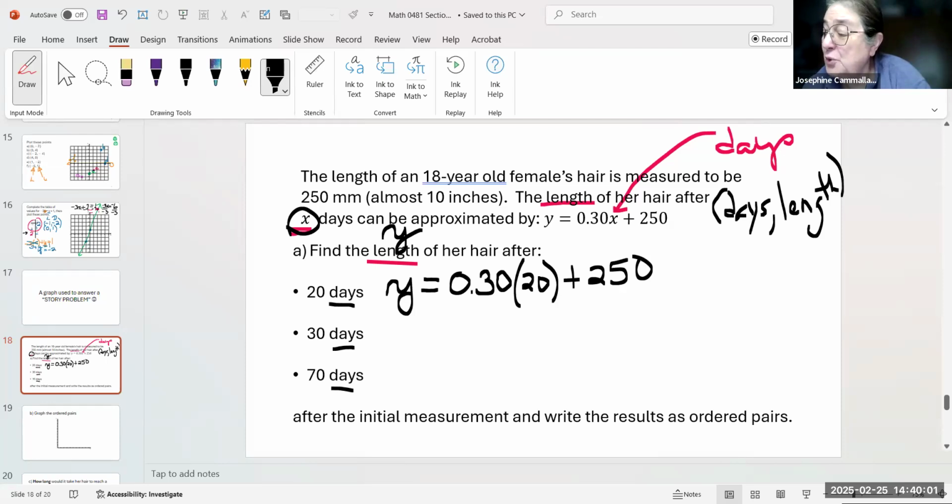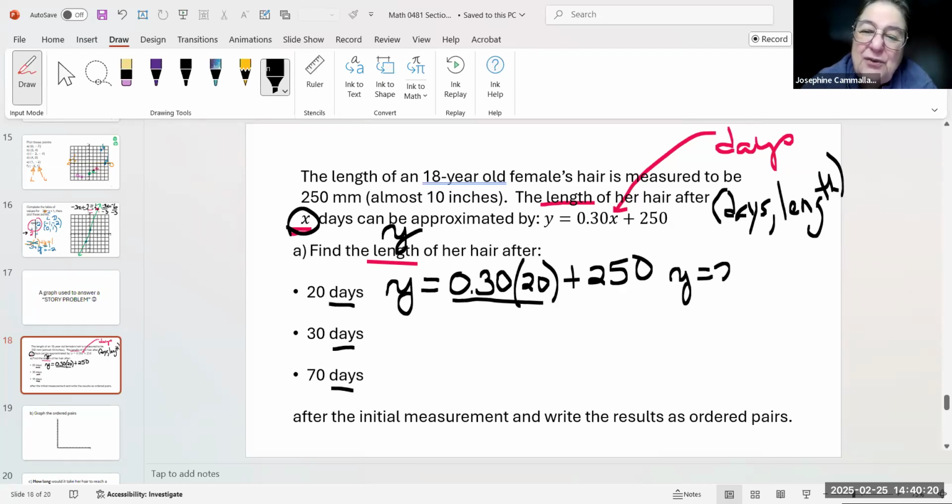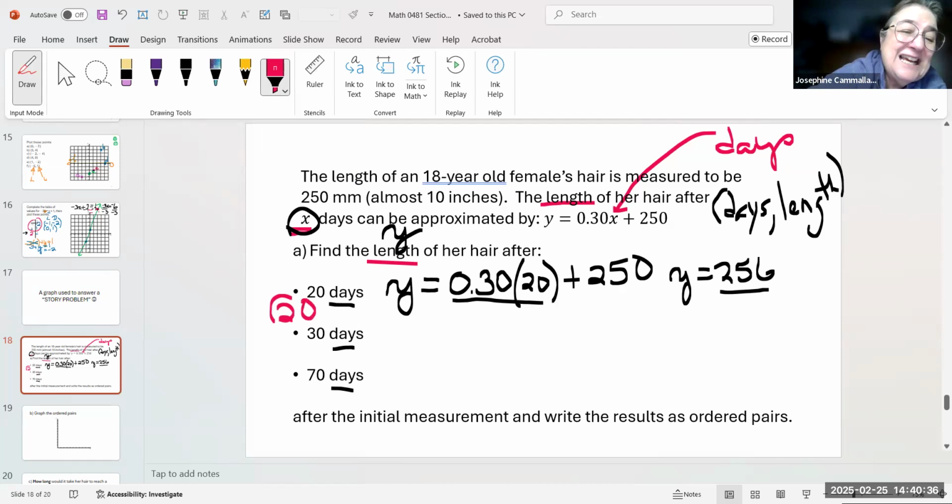But you are going to find that when we put 0.30 times 20, that's going to give me 6, okay, plus 250 means my y is 256. Now notice my y is 256. My ordered pair is going to be 20, comma, 256.